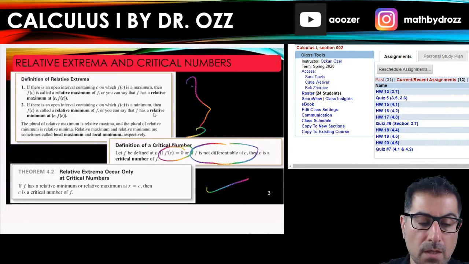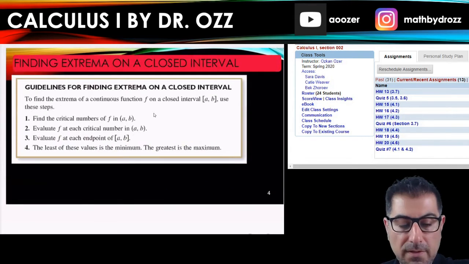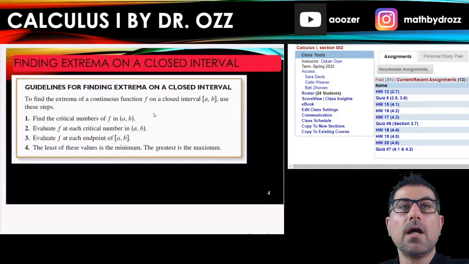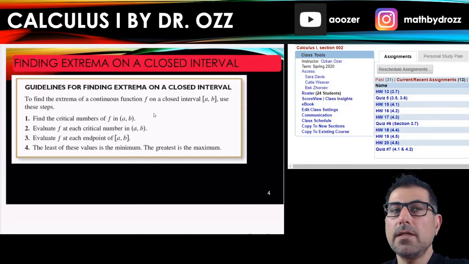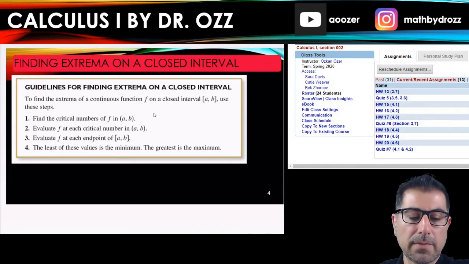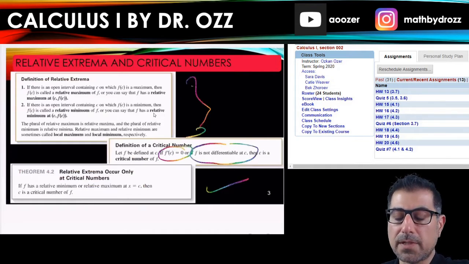Okay, so we talked about that, and I think we finished this section by putting this guideline of finding extrema on a closed interval. Let's say we're given a function on a closed interval [a, b], and here are the steps that you should take. Find the critical numbers of f. By going back to here, you're going to deal with f prime essentially.